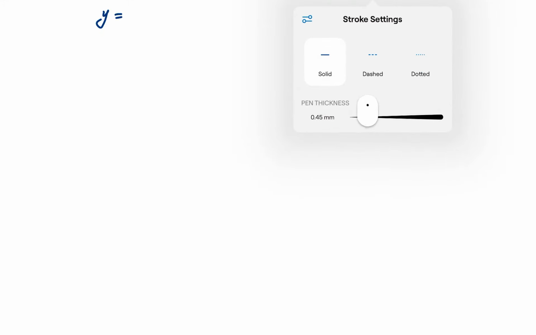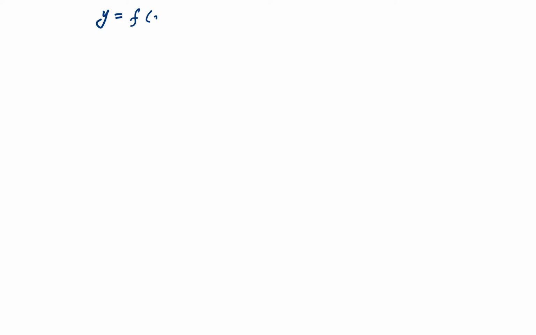Now, let y equal f of x be any function, in which x is the independent variable and y is the dependent variable. Actually, y depends on x, so y will change with respect to x, and this change in y is represented by dy, the change in y with respect to the change in x.